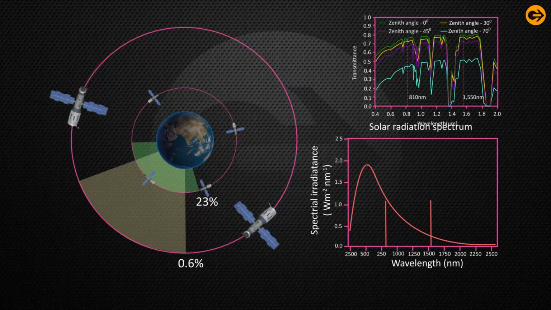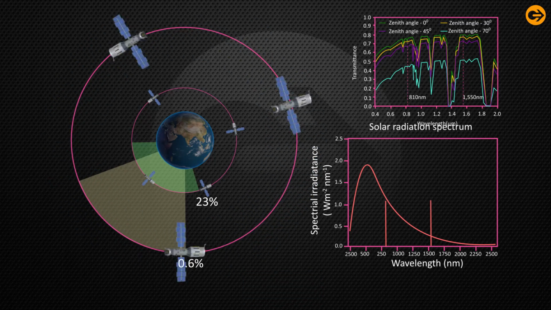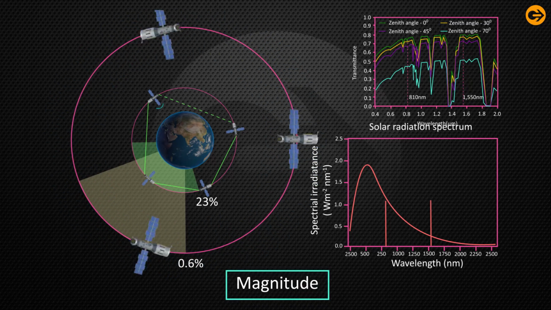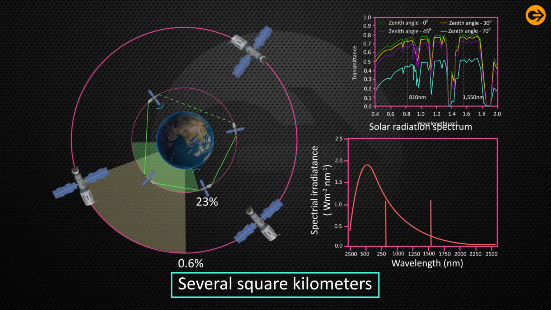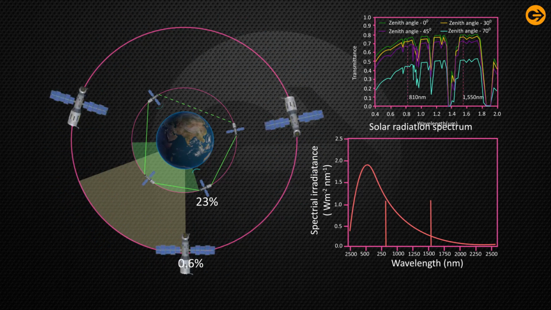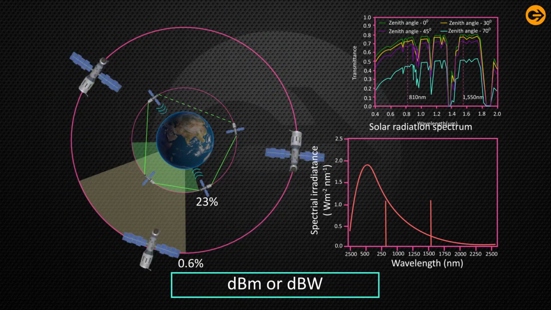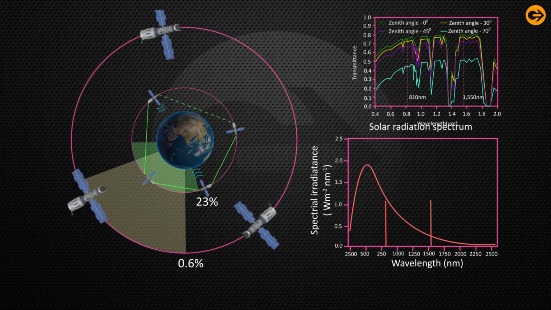In mobile radio systems, it is not uncommon to find that PR may change by many orders of magnitude over a typical coverage area of several square kilometers, due to the large dynamic range of received power signals. Often, dBm or dBW units are used to express the received power levels.